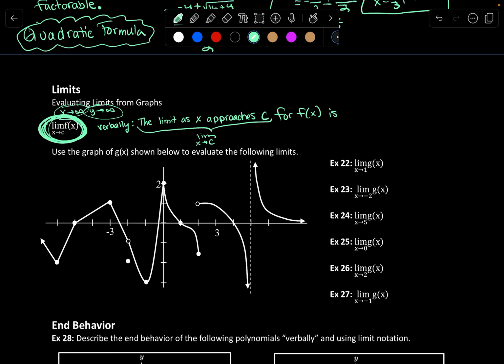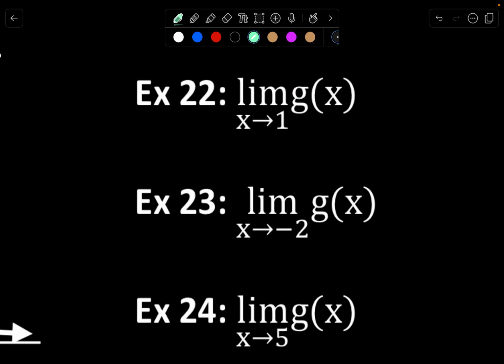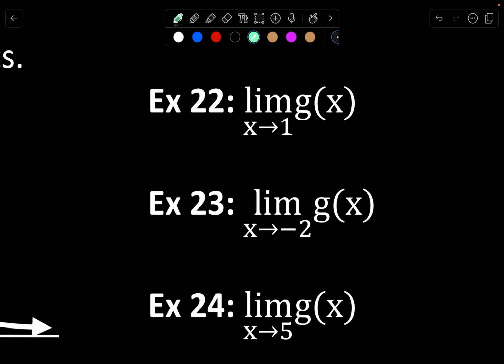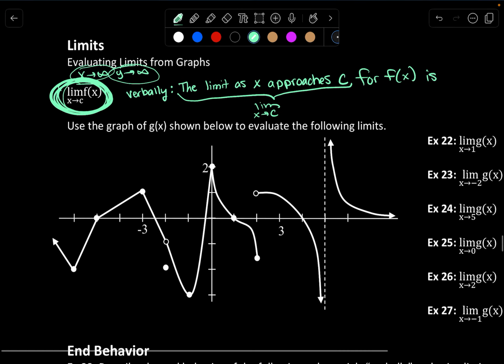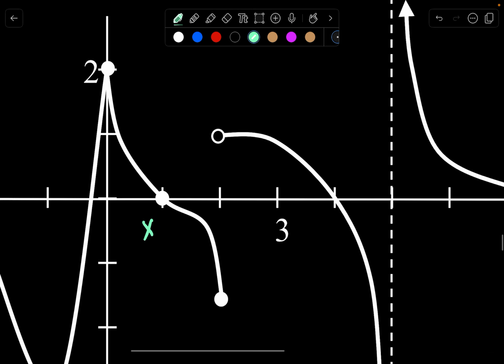Okay, so if we take a look at this piecewise graph, we're going to evaluate the limit as x approaches 1 for g of x, and this entire function is g of x. So we're going to zoom in to x equals 1. With limits, it's not about what's happening at x equals 1, it's about what's happening around x equals 1.